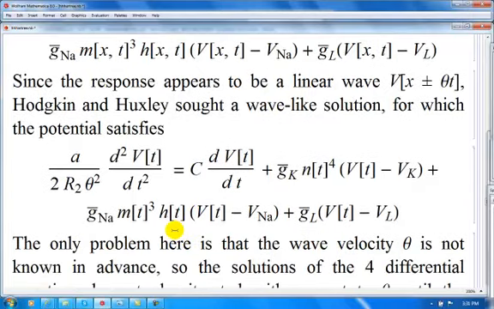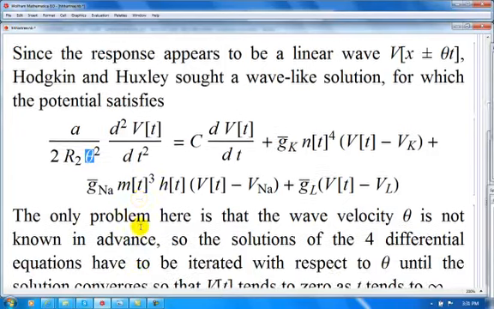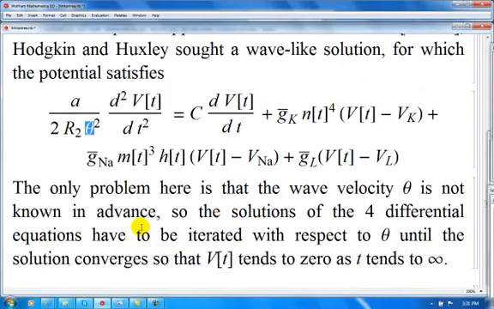The only problem is that the wave velocity theta is not known in advance, so the solutions of the four differential equations have to be iterated with respect to theta until the solution converges, so that f of v of t tends to 0 as t tends to infinity.